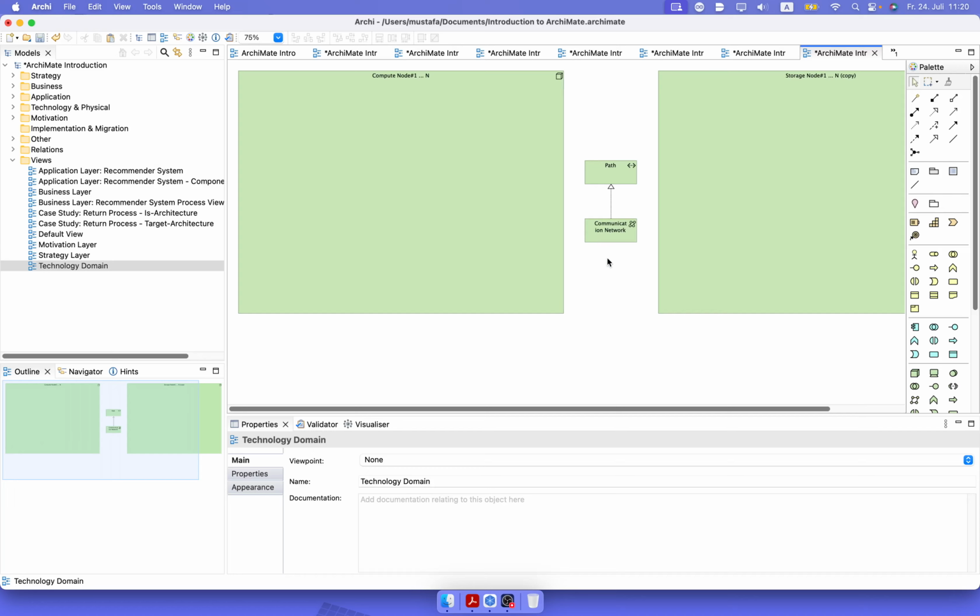So you are well covered here when we talk about this kind of technology or infrastructure domain modeling. And then this is connected in both directions, and the flow is both ways actually.